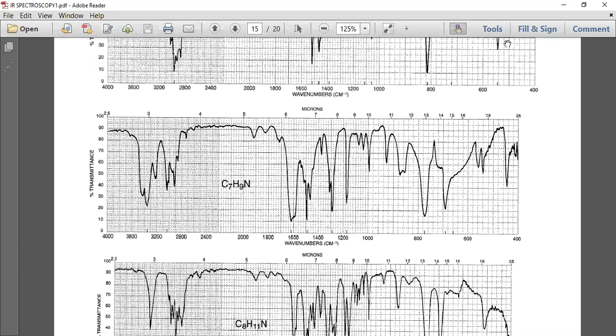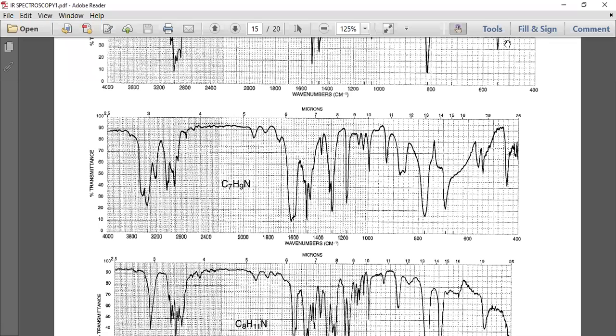How do I identify them? When we are given a molecular formula, first go for double bond equivalence, the degree of unsaturation. For each double bond, we need to reduce two hydrogens from the alkane formula, CnH2n+2. In this case, it is C7.